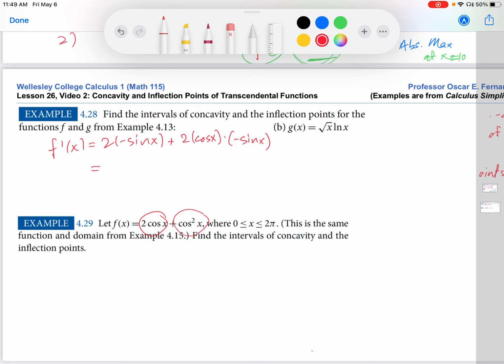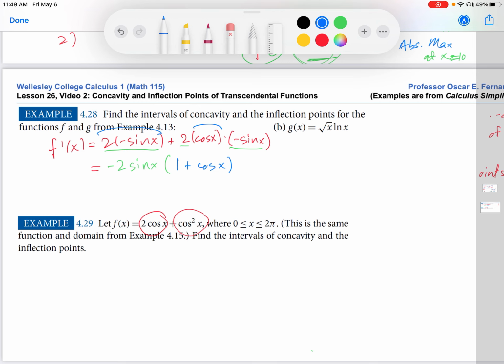Then some algebra: both of these have a negative 2 sine x, so I'm going to factor that out. What I'm left with from the first term is 1, since the entire term is factored out, and over here I'm left with plus cosine x. So that's my derivative.